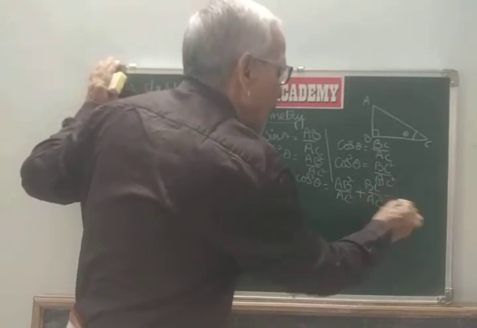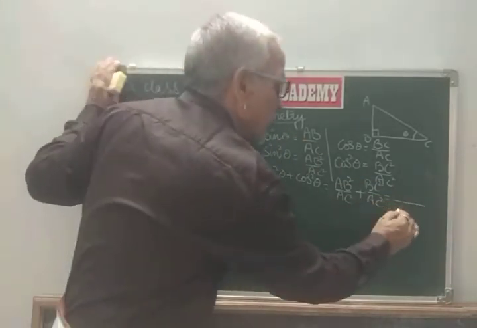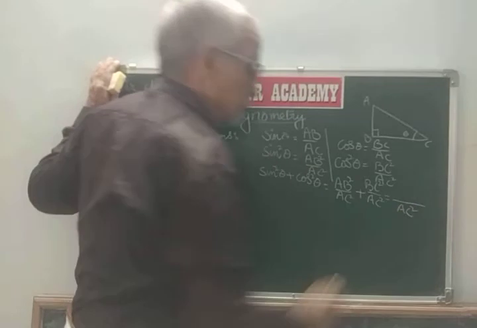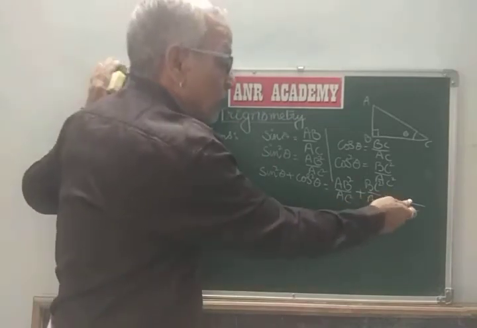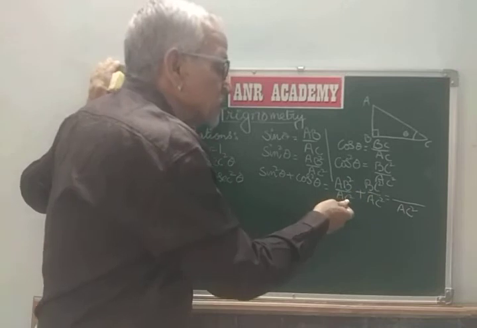So let us add. What is the LCM? AC square. We divide this LCM by the denominator, AC square by AC square is 1.